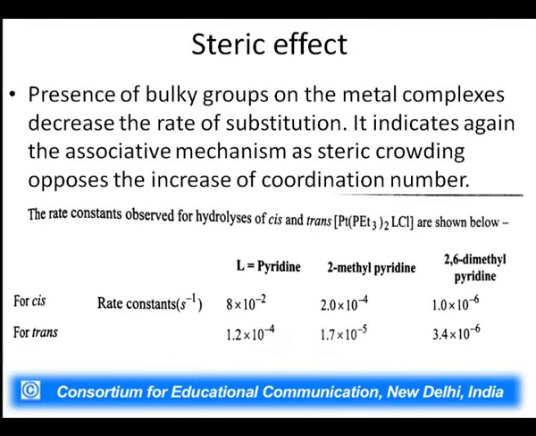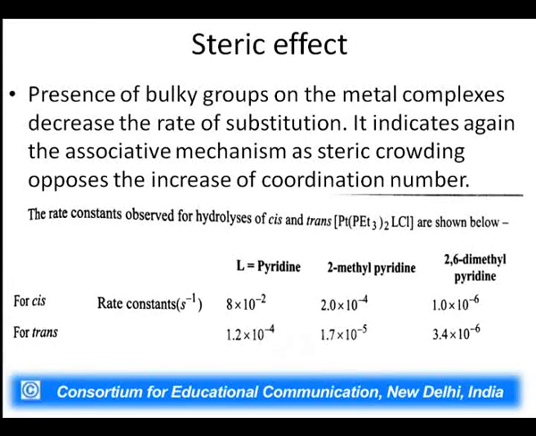Because of steric crowding, whenever there is an associative mechanism, the steric crowding will result in a decrease in the rate of substitution, because when we add one more ligand, it will face difficulty because of more steric crowding. So, it indicates the associative mechanism, as compared to octahedral substitution, where the substitution follows a dissociative mechanism.